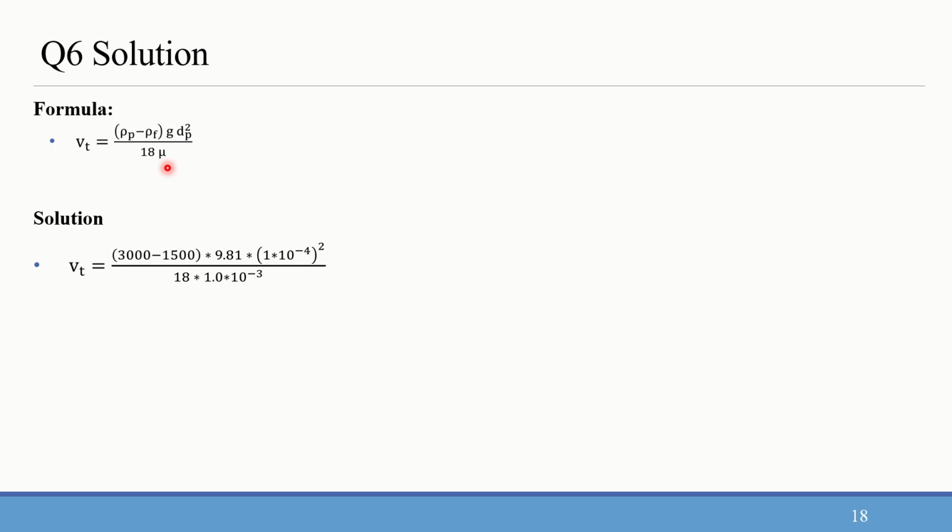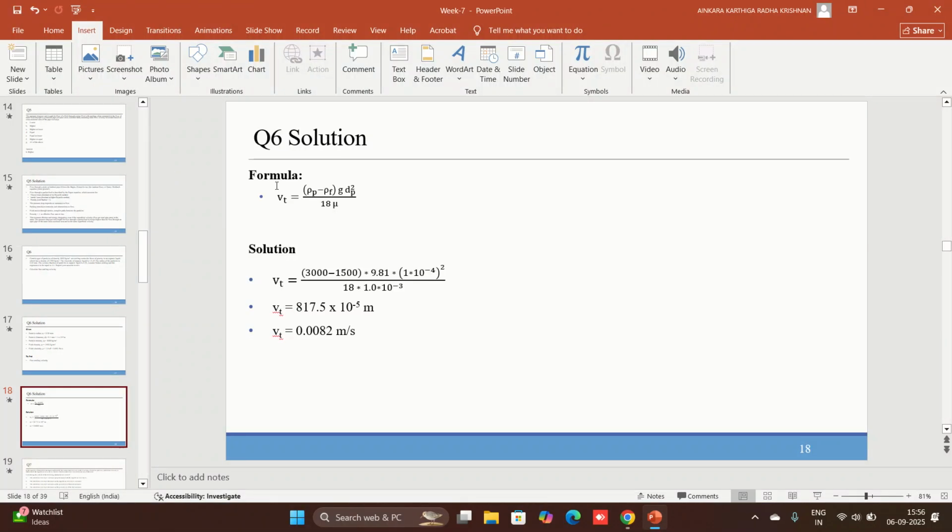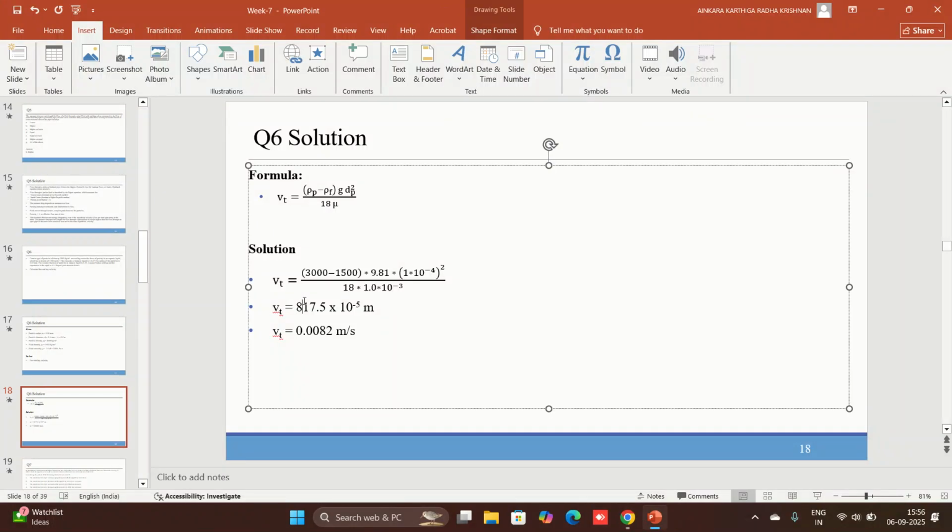So what value are we getting? 1500 into 9.81 into 10 power minus 8, divided by 18, divided by 10 power minus 3. So it is 8.175 into 10 power minus 3 meter, it should be meter per second actually. 8.175 into 10 power minus 3 meter per second.